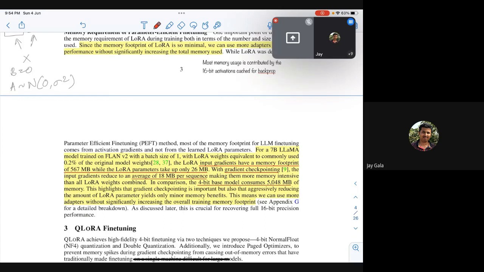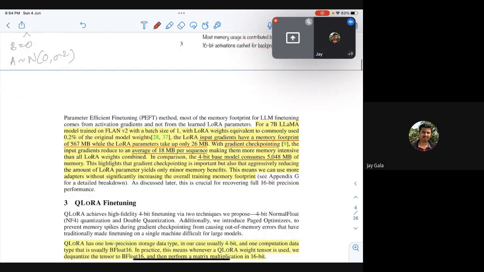Since you're operating with very big models and doing this with a batch size of 1, you usually do gradient checkpointing. So effectively, the average memory requirement per gradient is basically 18 MB per sequence.